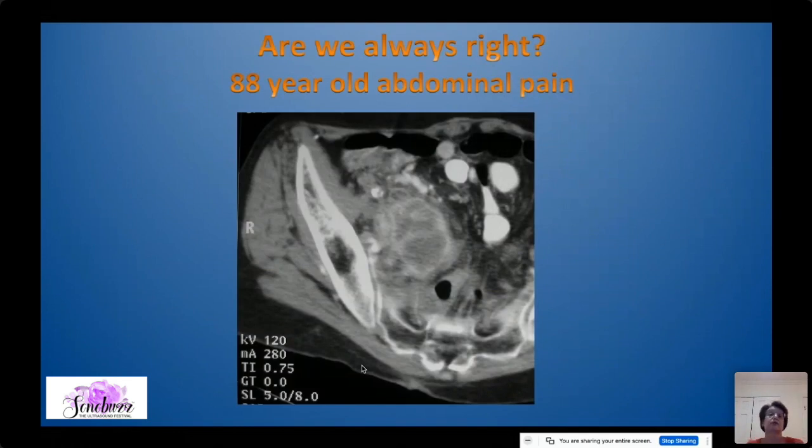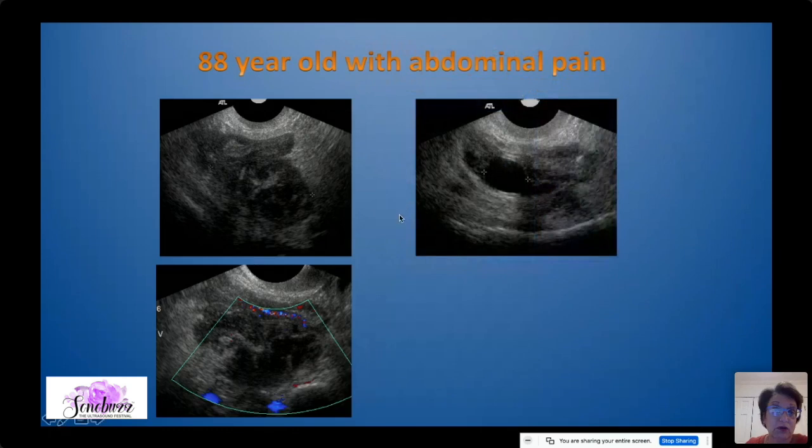And finally, are we always right? Well, this was an 88-year-old woman who had a CT scan first for abdominal pain, and they saw this kind of aggressive-looking lesion in the right adnexa, enhancing rim. So they thought it was an ovarian mass. On ultrasound, the ultrasound was really not much better than the CT.